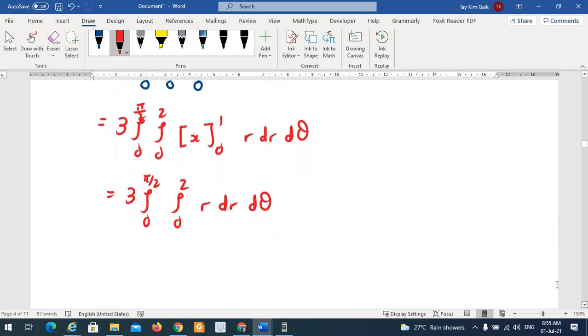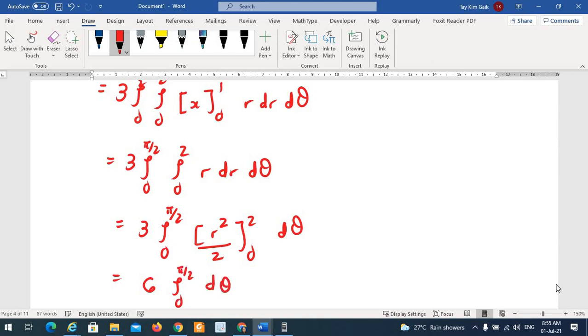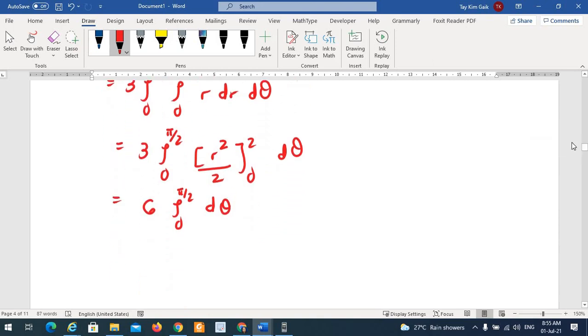Next integrate with respect to r. So we have r squared over 2, 0 to 2, d theta. This is 4 divided by 2, which is 2. Integrate 0 to pi over 2 d theta. So the answer we have here is 2 times pi over 2, which gives 3 pi also.